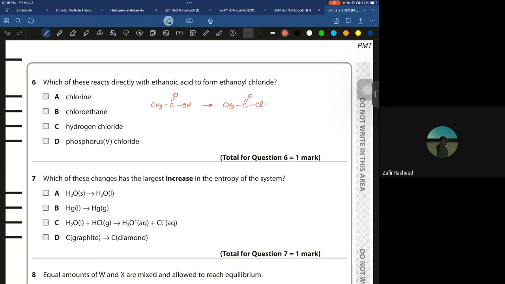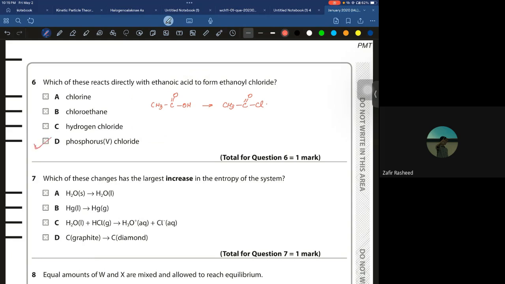Okay, it's going to produce this one. Of course, I told you when we were discussing this that I need a compound containing chlorine. It should be reactive so that it can react with the carboxylic acid, ethanoic acid. So the only option is PCl5.